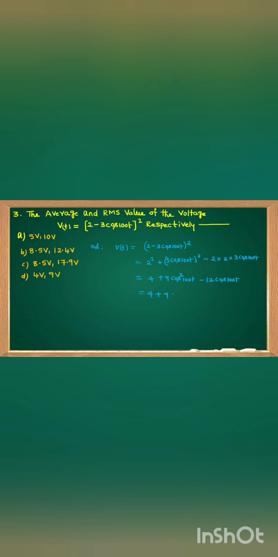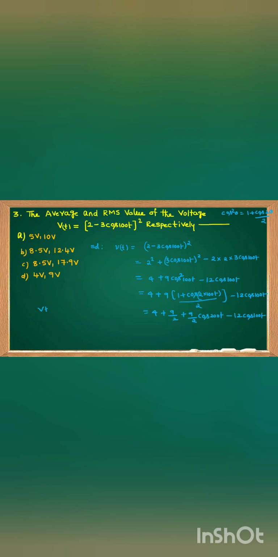Cos²θ is (1 + cos 2θ)/2, so cos² of 100t is (1 + cos 200t)/2. Simplify this: 4 + 9/2 + (9/2) cos 200t − 12 cos 100t.